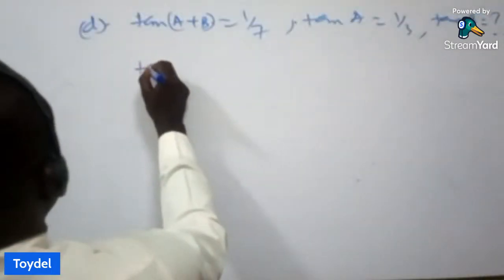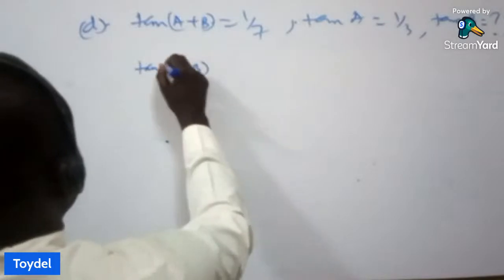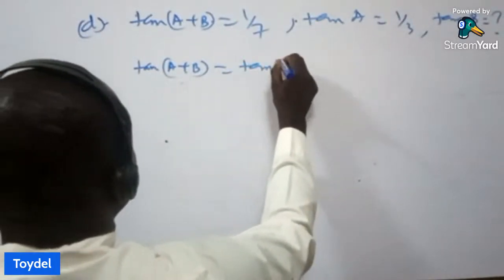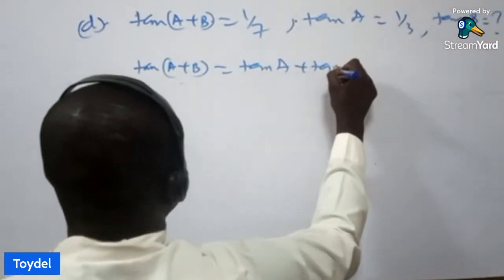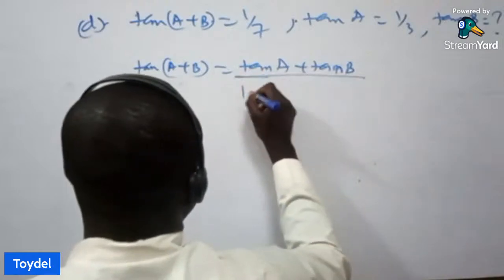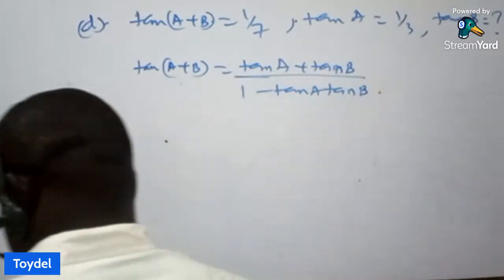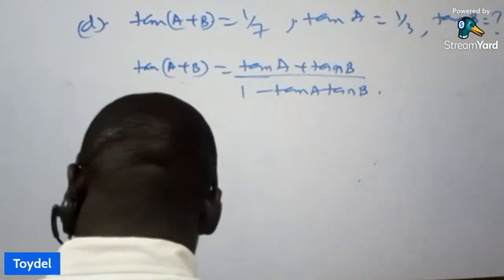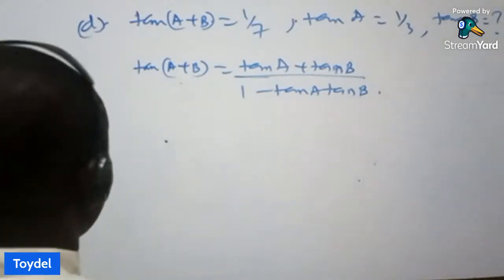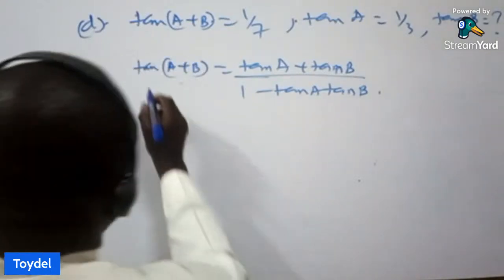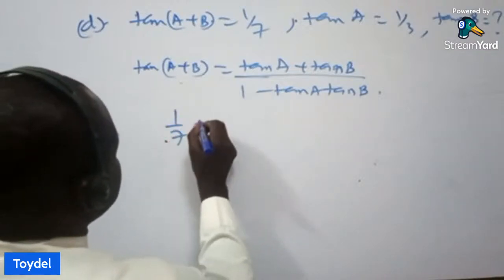So from the first expression that we derived, we are able to show that tan(A+B) is equal to (tan A + tan B) all over (1 minus tan A tan B). So this is the expression. Tan(A+B) is given as 1/7. This is the right hand side.